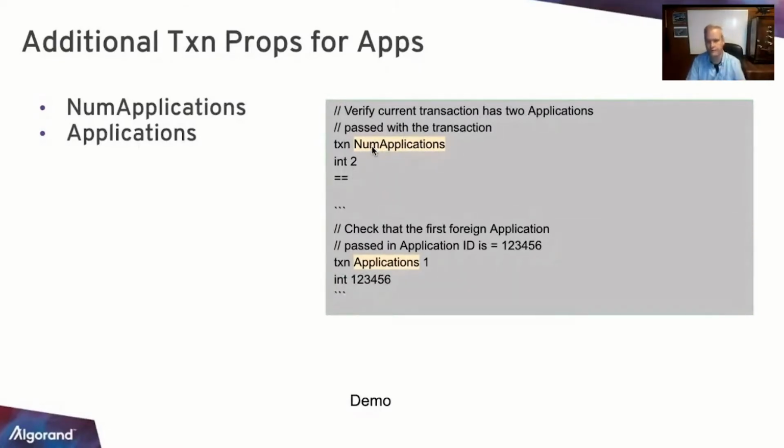So if I pass 1 or 0 or more than 2, then this set of opcodes will actually return a 0. And then the last thing we have is another transaction property that allows me to interrogate the application ID and verify it's what I'm expecting. So I can look at transaction applications, that's the applications array, and then I can say, give me the first foreign app that's passed in. And then I can compare that to an ID and make sure it's the one I want.